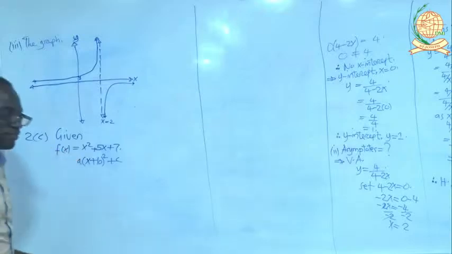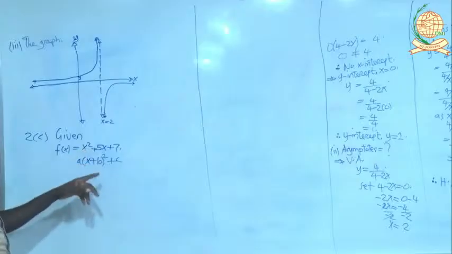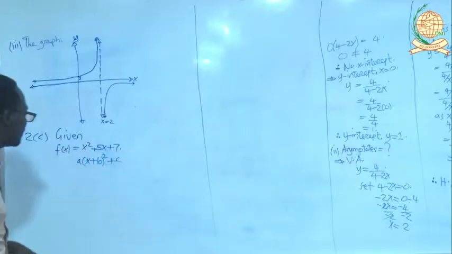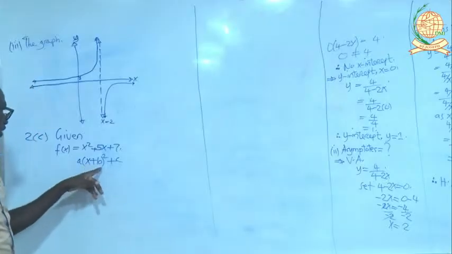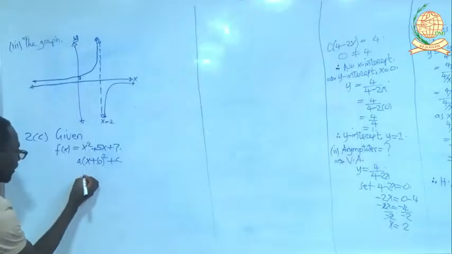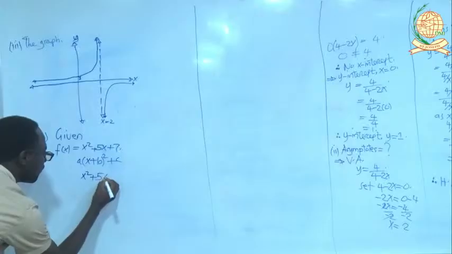Write this function f of x is equal to x squared plus 5x plus 7 in the form of a in the bracket x plus b squared, then plus c. Now consider the given function x squared plus 5x.